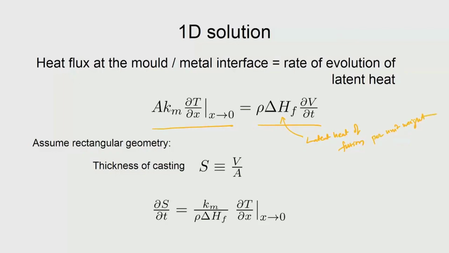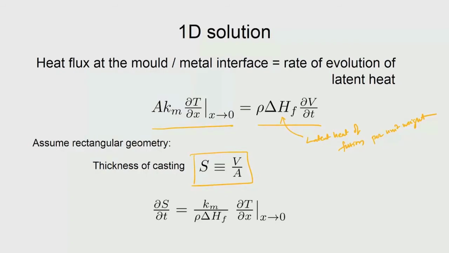Okay, that is what we are using here. Now the thickness of the casting is S, that is given as basically volume of casting divided by the area through which heat is being extracted. So A is the area through which heat is extracted. Okay, now in the case of planar cases, we do not have to worry, but in the case of cylindrical and spherical cases, we need to watch out.